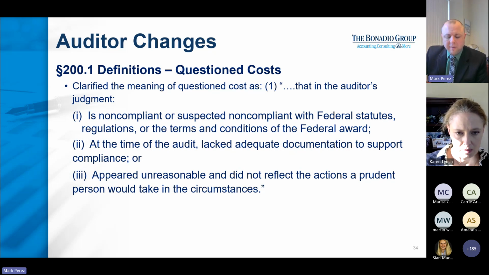At the time of the audit, if it lacked adequate documentation to support compliance, if they make a selection and the audit evidence is not available, and if it appeared unreasonable and did not reflect the actions of a prudent person under the circumstances. That sounds like a legal buzzword, the actions of a reasonable person. If you're a Law and Order fan like I am, you hear that quite a bit. So it's in the same spirit here with respect to federal compliance.